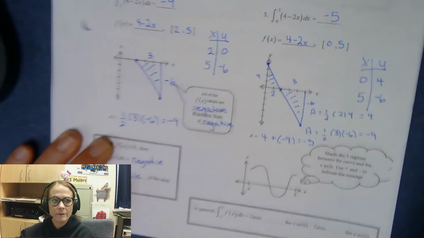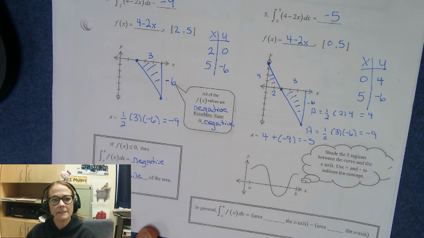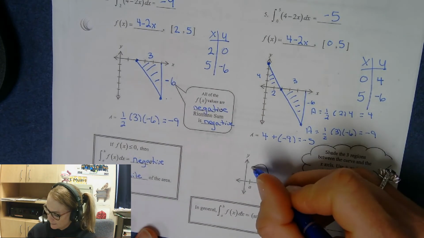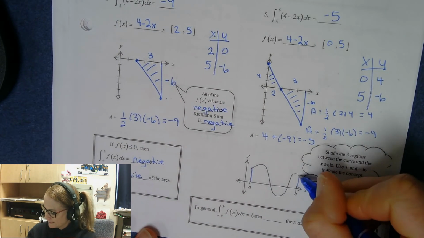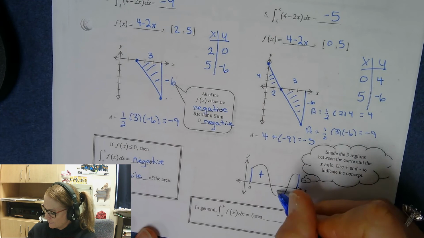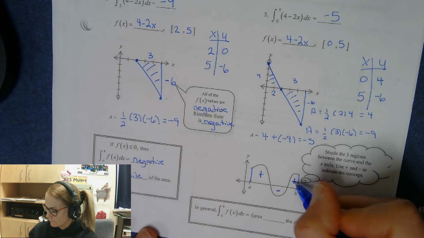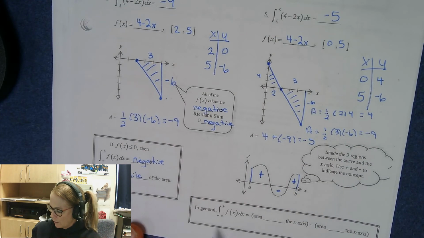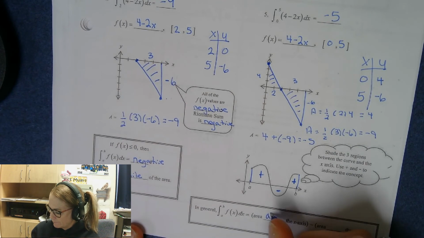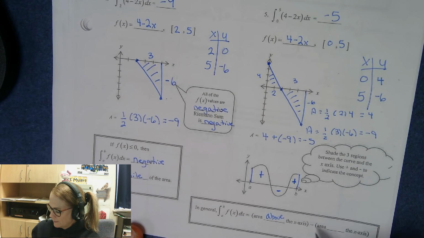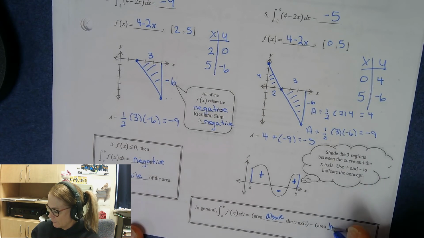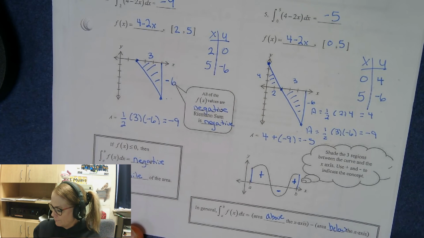Okay, so shade the three regions here between the curve and the x-axis, use plus or minus to indicate the concept. So you would lock down to the x-axis, this is a positive region, this is a negative region, and this is a positive region. So in general, the integral from a to b of f of x dx is the area above plus a negative area, or you would just say minus the area below, and the area below as a positive.